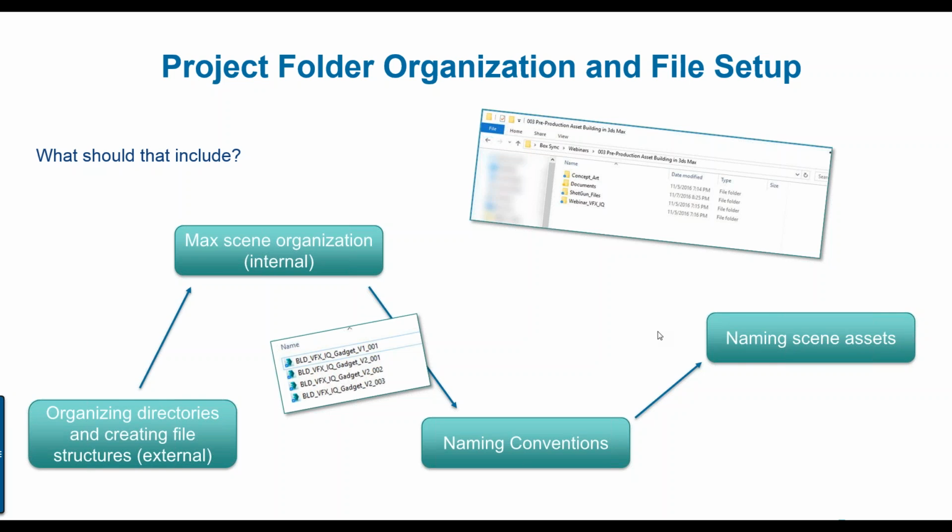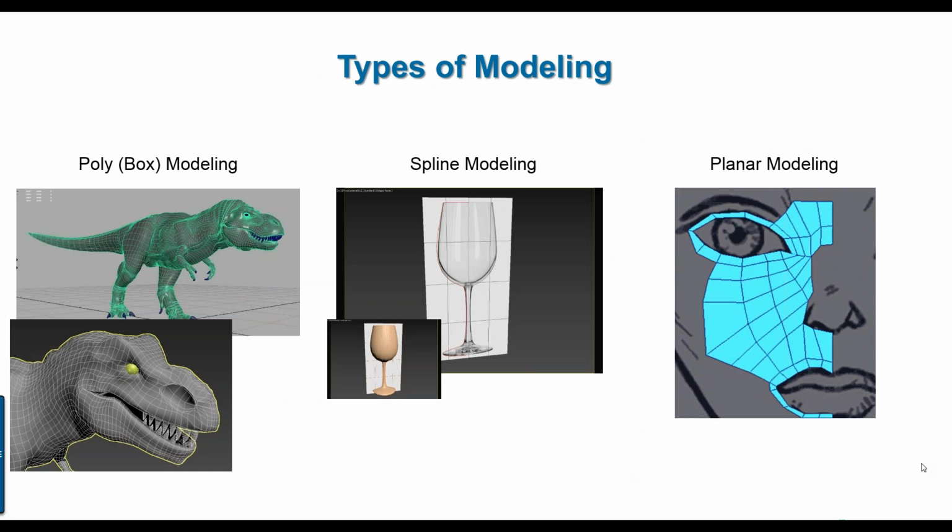So the next thing I wanted to discuss was types of modeling. In Max, there are several ways to model the same object, essentially. There's always more than one way to go about something. Being a creative 3D program, you're able to find different avenues to work, especially to your liking.